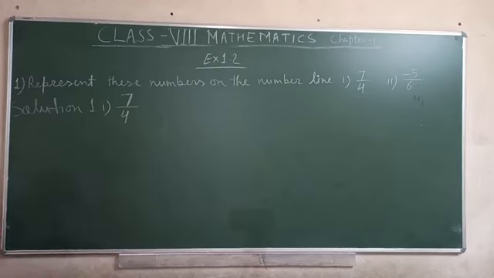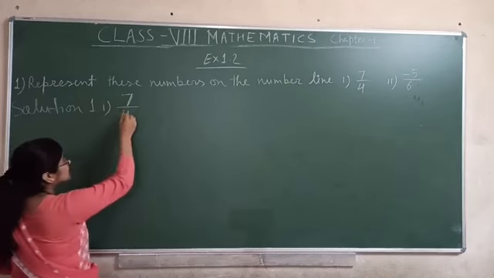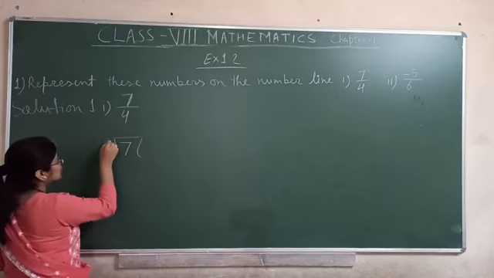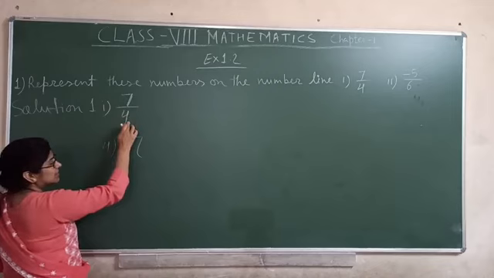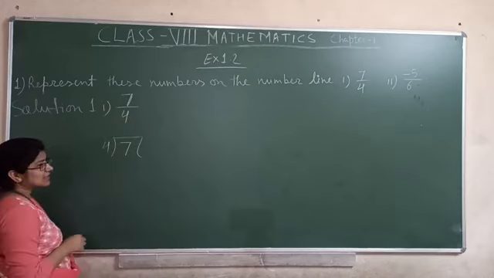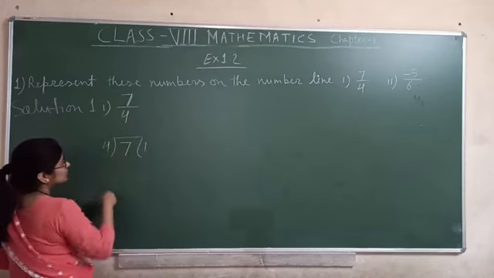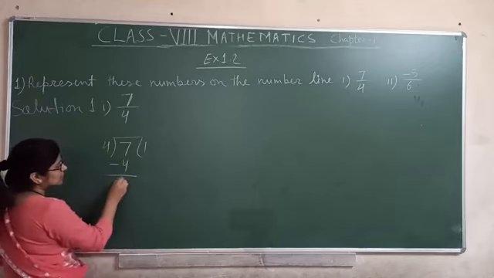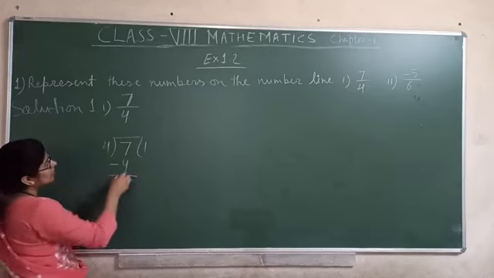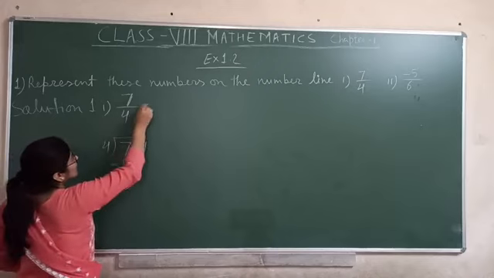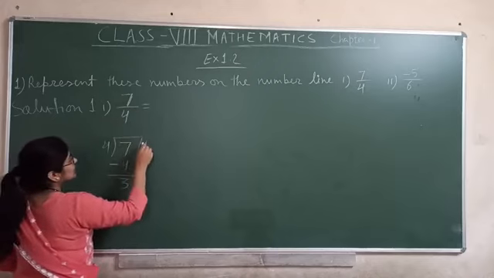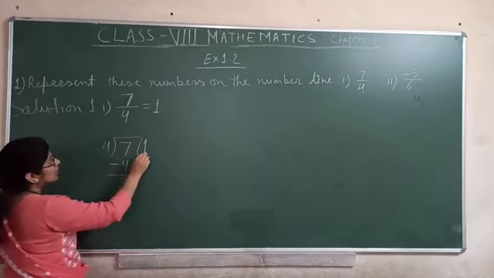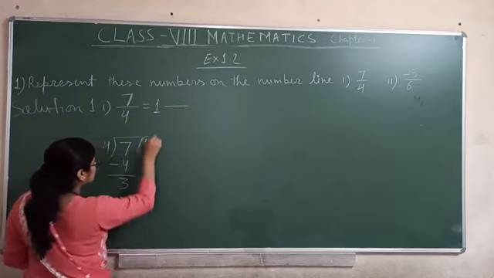So what we will do? Numerator is greater than denominator. So 7 divided by 4. Numerator divided by denominator. Divide करेंगे 4 1 जा 4 and you will do subtraction. What left? 3 here. Then you can write same number like that. 1 whole quotient 1 whole, ये whole number है.